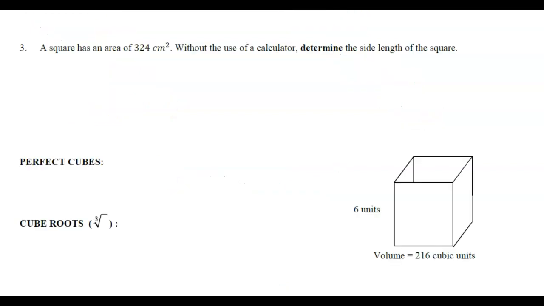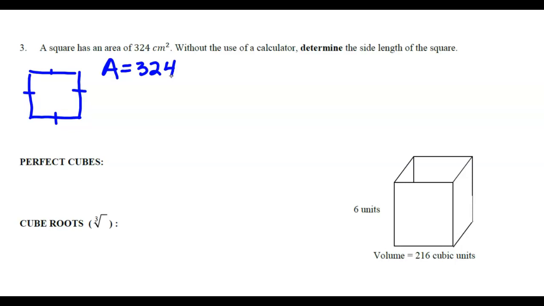Okay, turn over to the next side. A very common type of application question says a square has an area of 324 centimeters squared. If I were to draw, that's not a great square, but it's close enough. Remember, the sides of a square are all equal in length, and the area is 324. What's the formula for area of a rectangle?